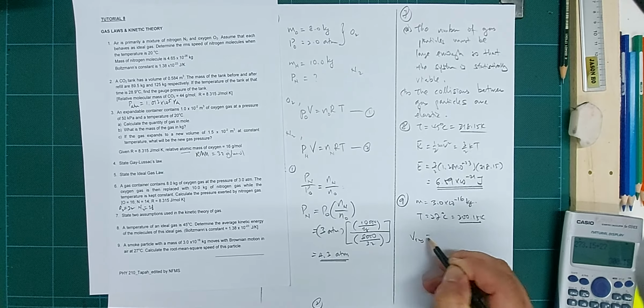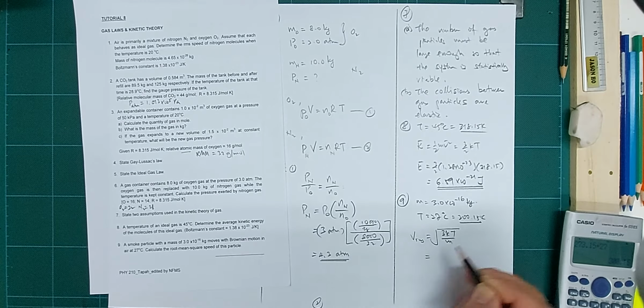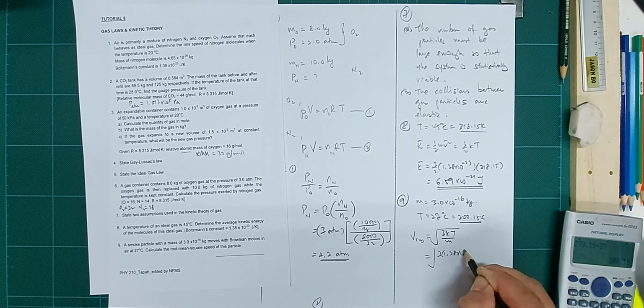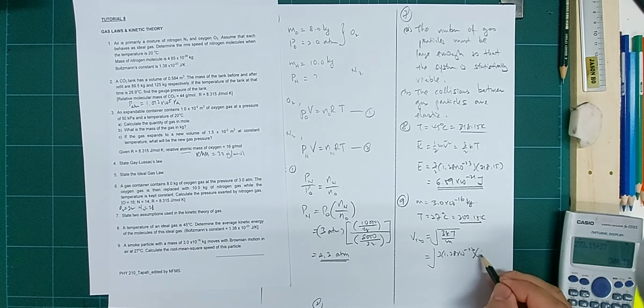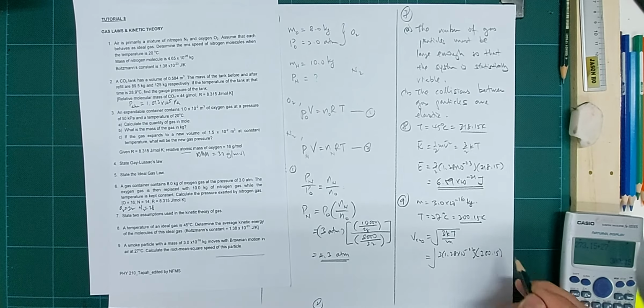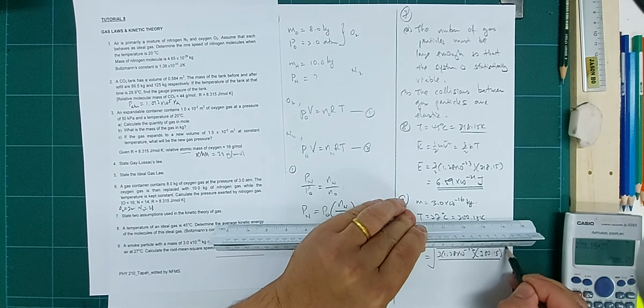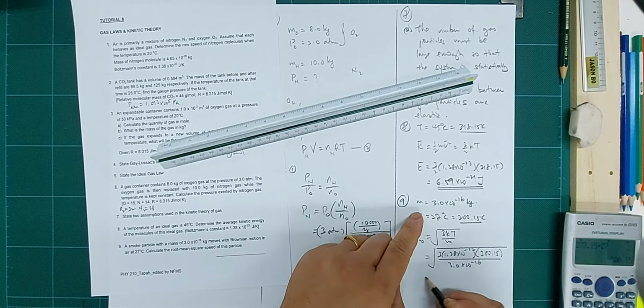The root mean square speed formula is square root of 3kT over m. All given. We put in the value 1.38 times 10 to the power negative 23, multiplied by temperature, and then the mass, 3.0 times 10 to the power negative 16.